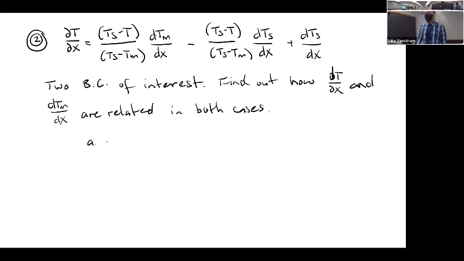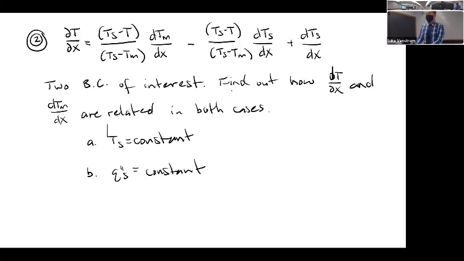One, we say the surface temperature of the tube is constant. That's not the case for our parabolic trough concentrator, but that is going to be the case in other problems. And the other is our constant flux case, okay? That is our parabolic trough concentrator.